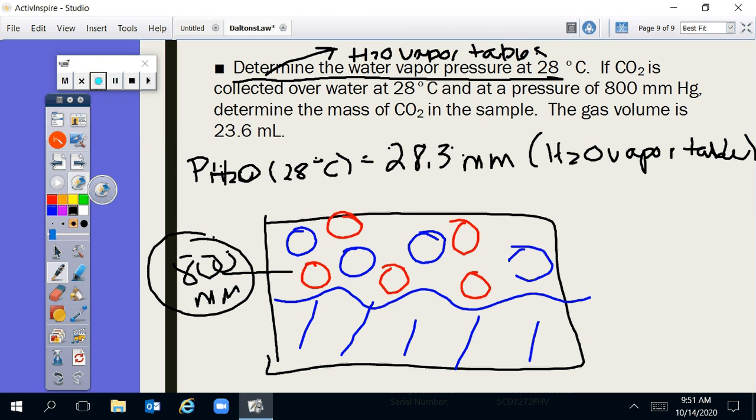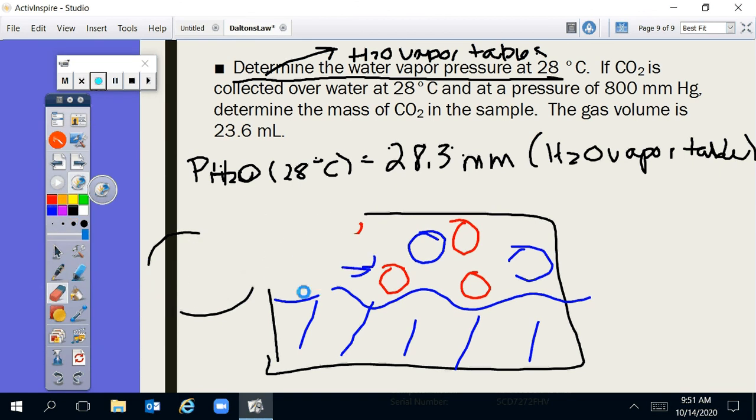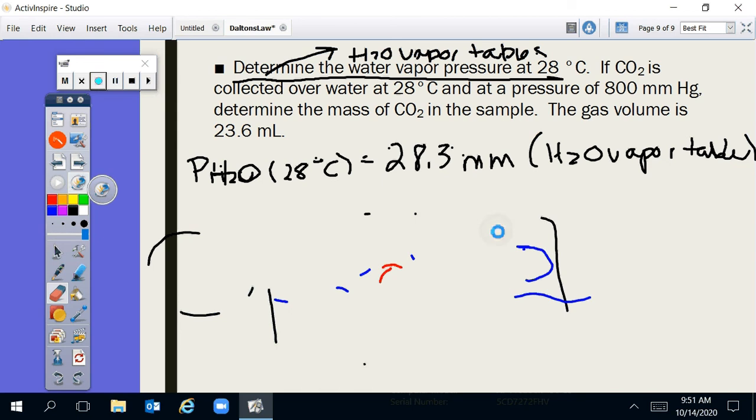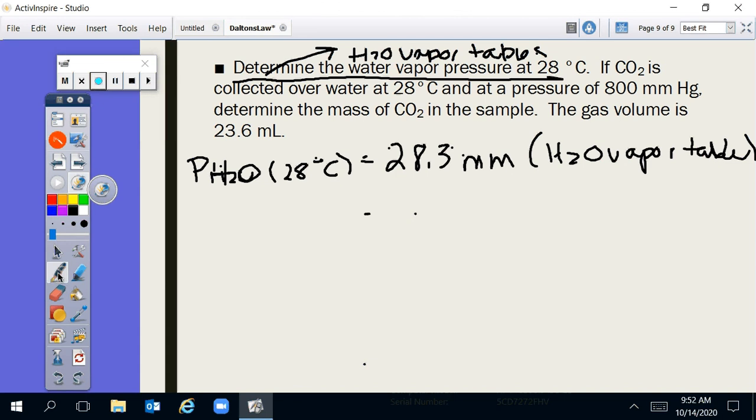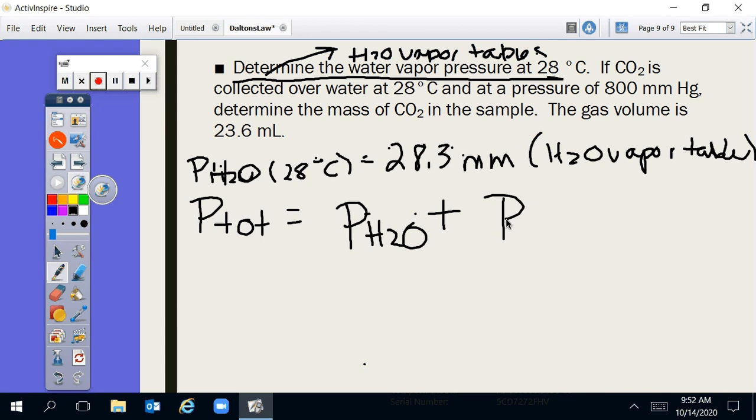So we probably are going to use the ideal gas law to get that mass, but the first thing we need is the partial pressure of the carbon dioxide. So let's take a look. Let's write that here. And we know this is a wet-dry problem. So our master equation is going to be total pressure is going to be the partial pressure of the water vapor plus the partial pressure of the dry gas, which is going to be, in this case, carbon dioxide.